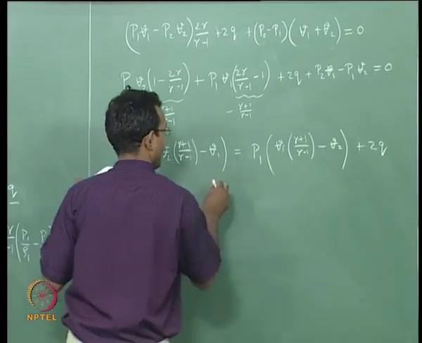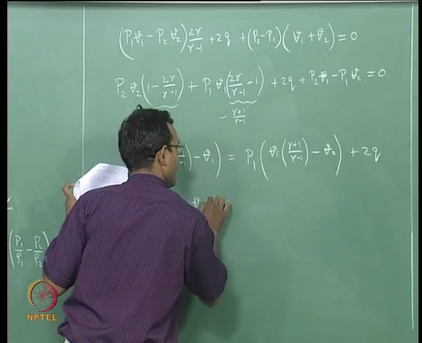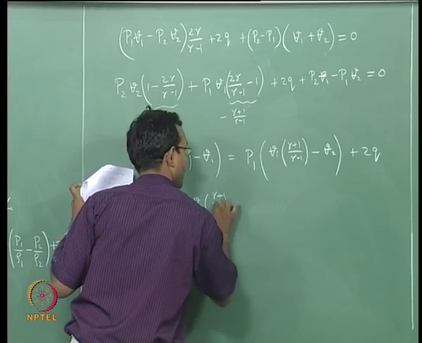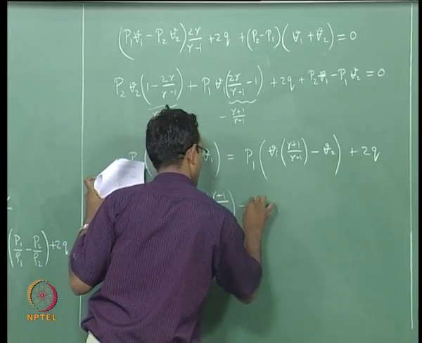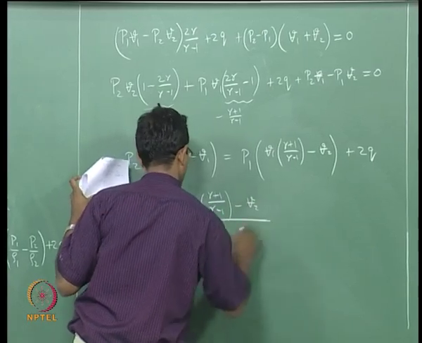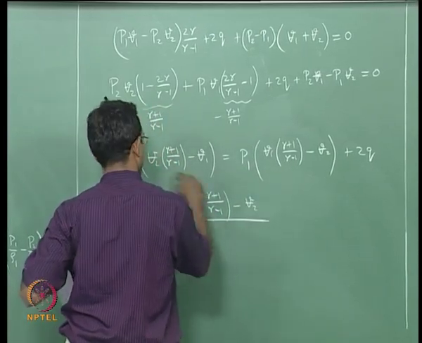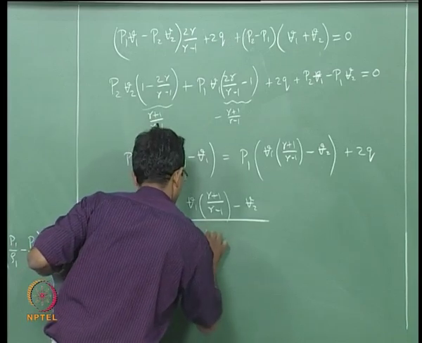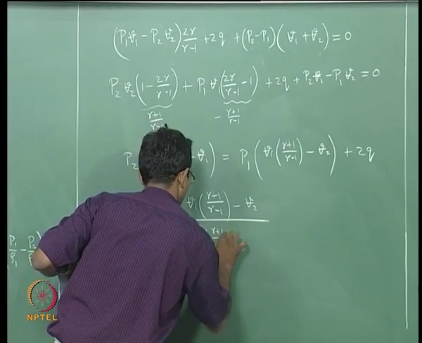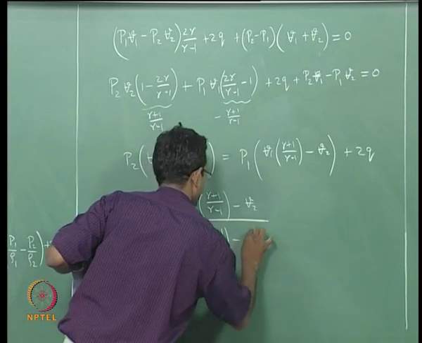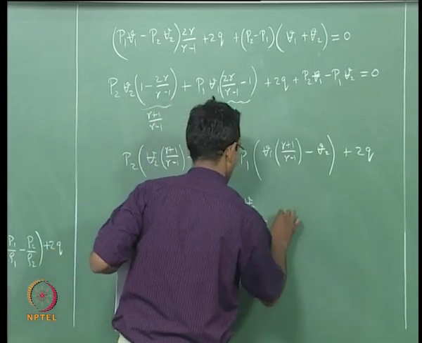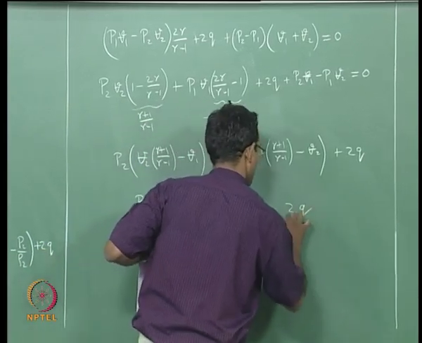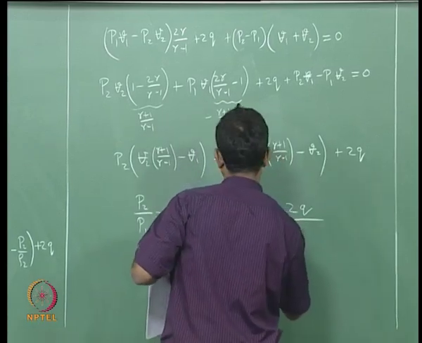So, I will get P2 by P1 as V1 into gamma plus 1 by gamma minus 1 minus V2 divided by this whole expression V2 times gamma plus 1 by gamma minus 1 minus V1 plus 2q divided by P1.